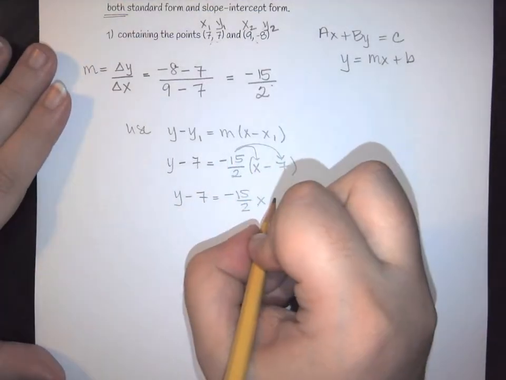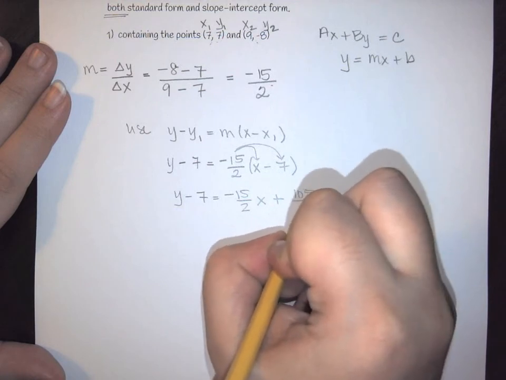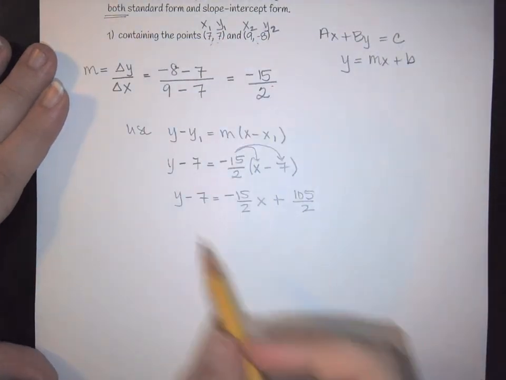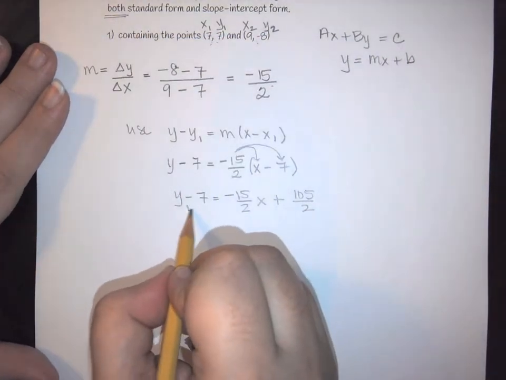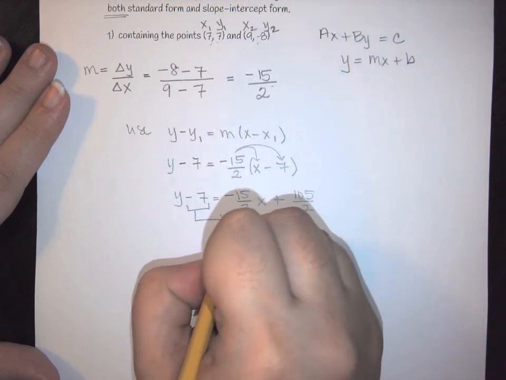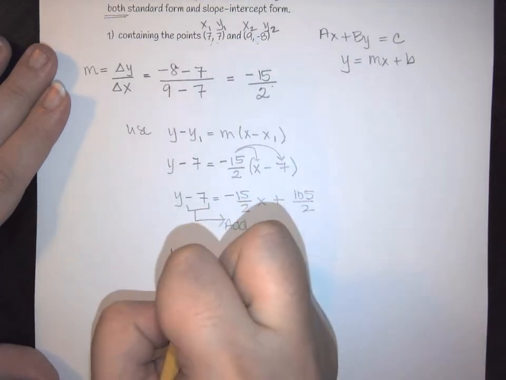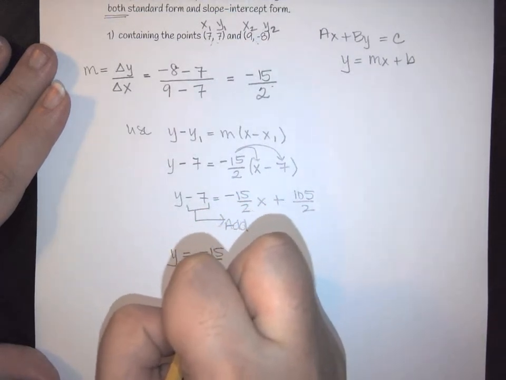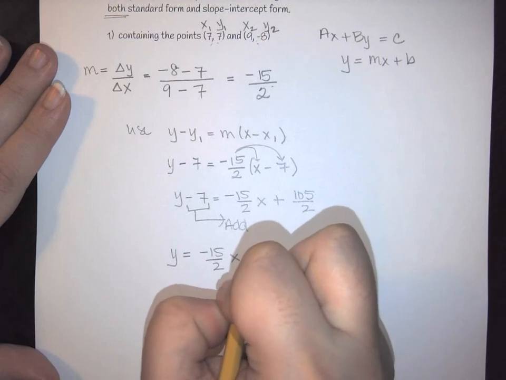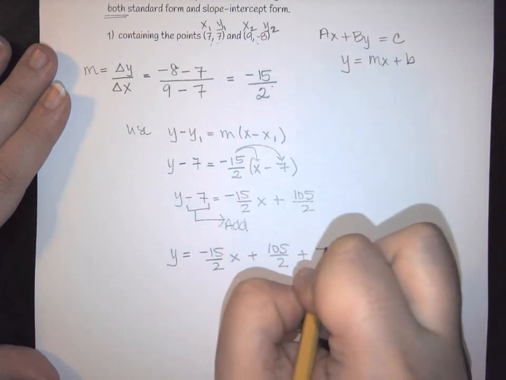Negative and negative is positive, so this is going to be positive 105 over 2. And then we need to go ahead and take this negative 7 and move it. Because it's negative, to move it says I have to add. So this becomes y equals negative 15 over 2x plus my 105 over 2 plus my 7.